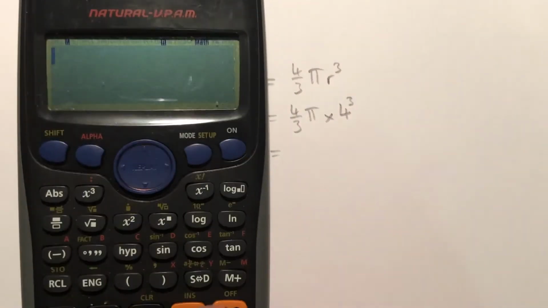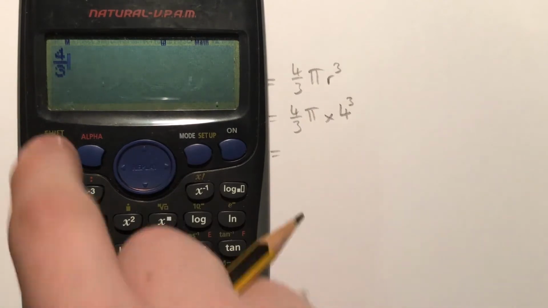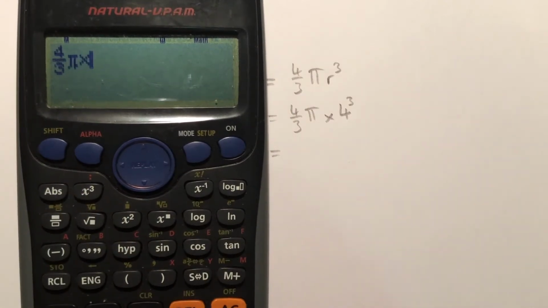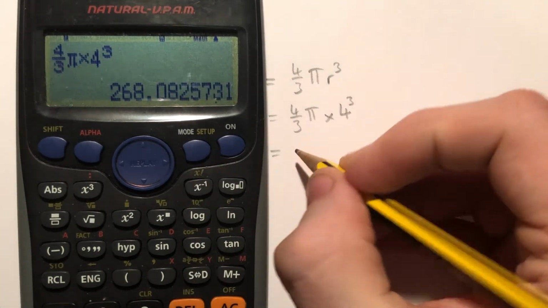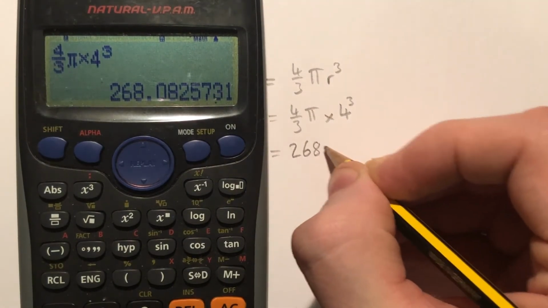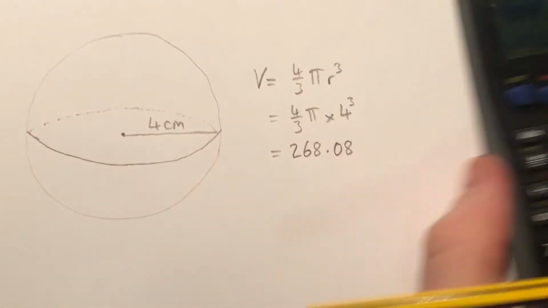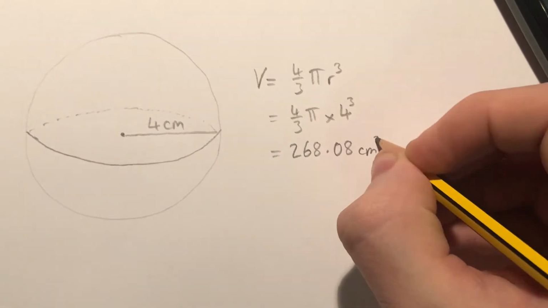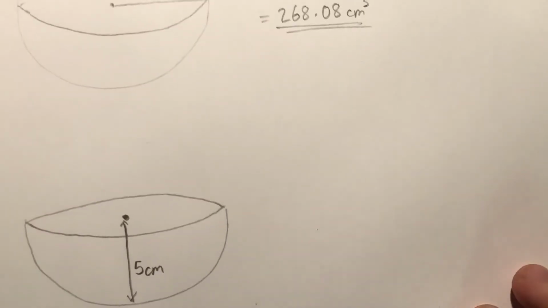So again, fraction button to help us out here, 4/3 pi times 4 cubed. And again, we're given it as a fraction, so we're going to press that button there. Gives us 268.08. And it's centimetres, so again, centimetres cubed. Very, very easy to do this one as well, okay? So long as you know how to put numbers in a formula, you should be sorted.